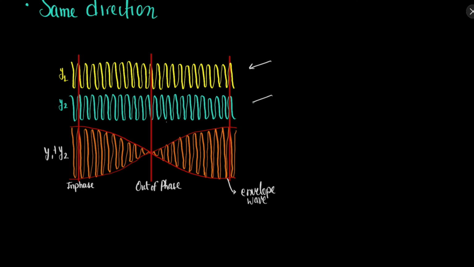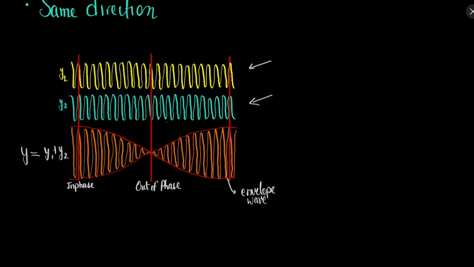First y1 and the second wave is y2. Now if you closely look, you will see that these two waves have almost similar amplitude, but they have slightly different frequencies. If you use the principle of superposition, then you will find the resultant wave, that is y equal to y1 plus y2.